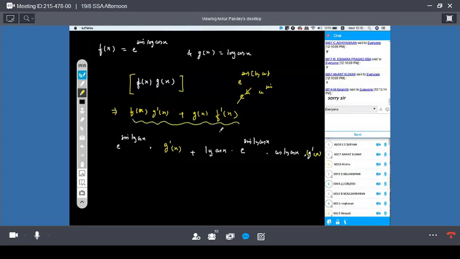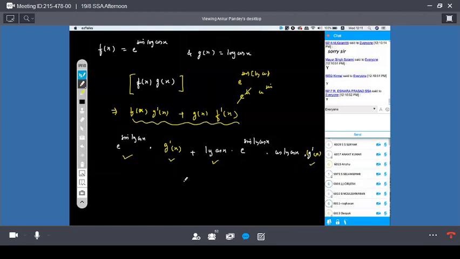Yes or no? Now we are trying to put the value. We substituted f of x as it is, g dash x let it be, g of x as it is, and f dash x is all this.